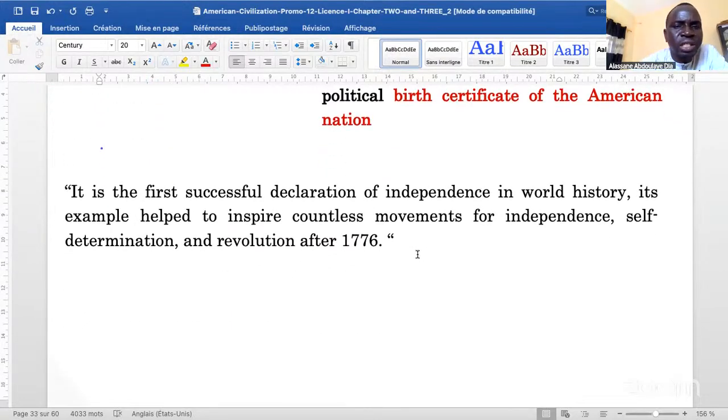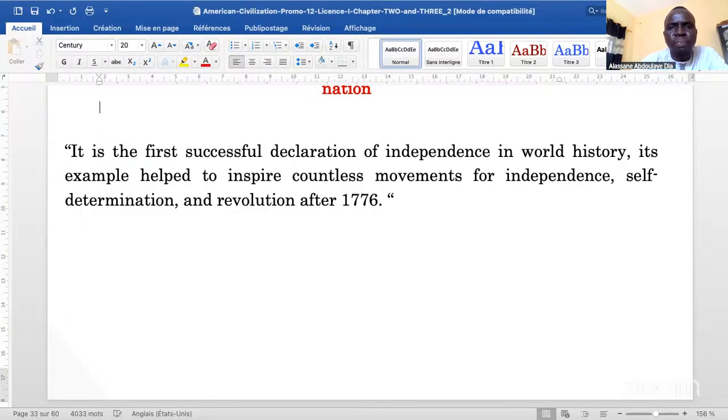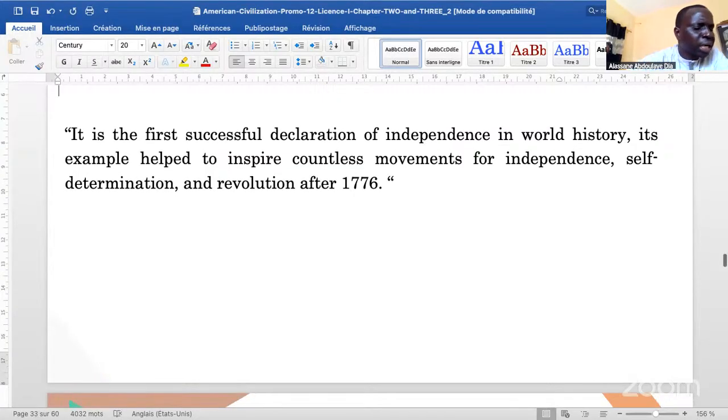So it is the first successful Declaration of Independence in world history. That's why today America is referred to as a big democracy. America is referred to as a big nation because the Declaration of Independence has influenced many other revolutions in the world.